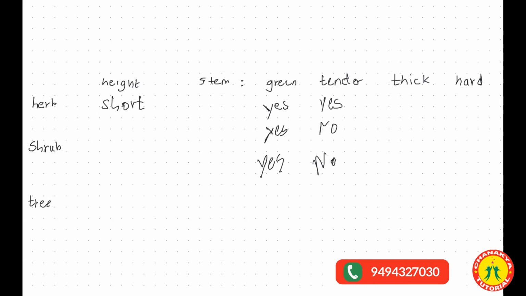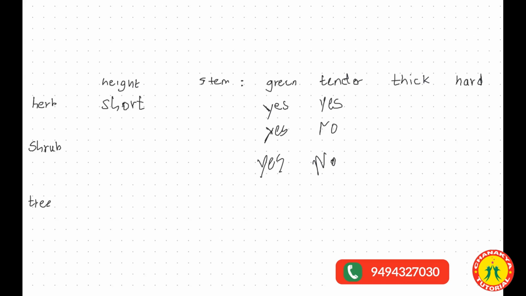Whoever says no, raise your hand. Okay, Deepika, tell me why you're saying no. Ma'am, because you said that they are just tall, they are not thick, right? I told you they're not thick, but did I tell you they're not hard? No. So that's why they're two different properties.